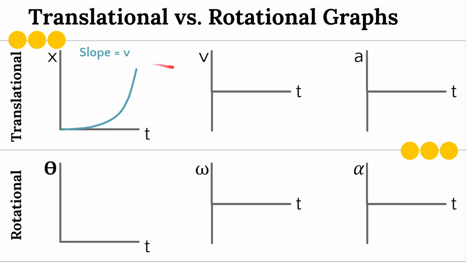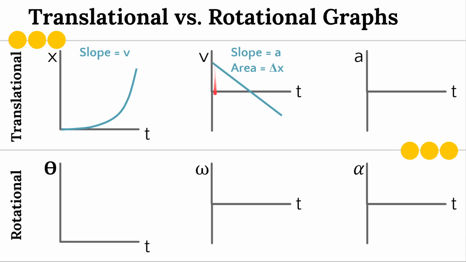On an XT graph, the slope of the line is your velocity. So a changing slope means, of course, you have a changing velocity. These are not showing the same motion, but again, we're just going to go over the rules.